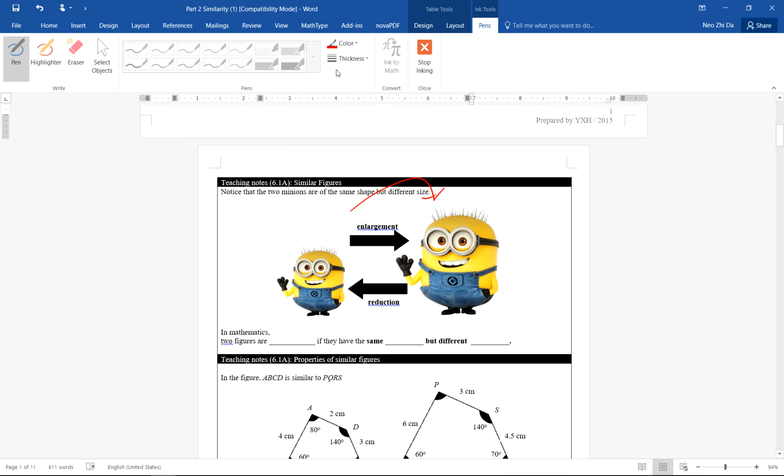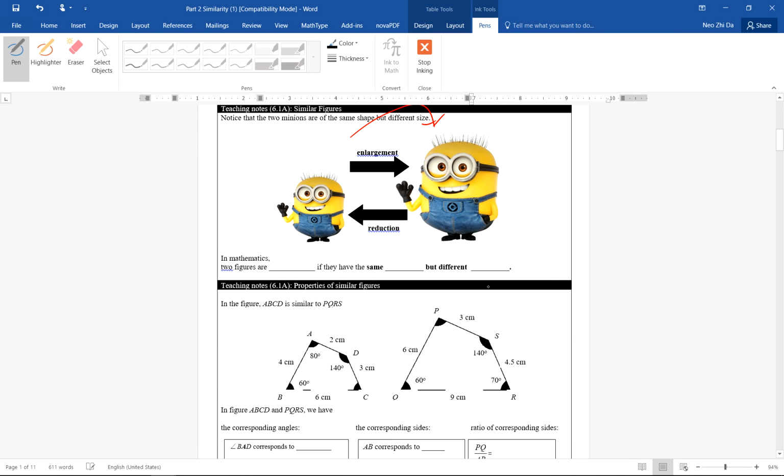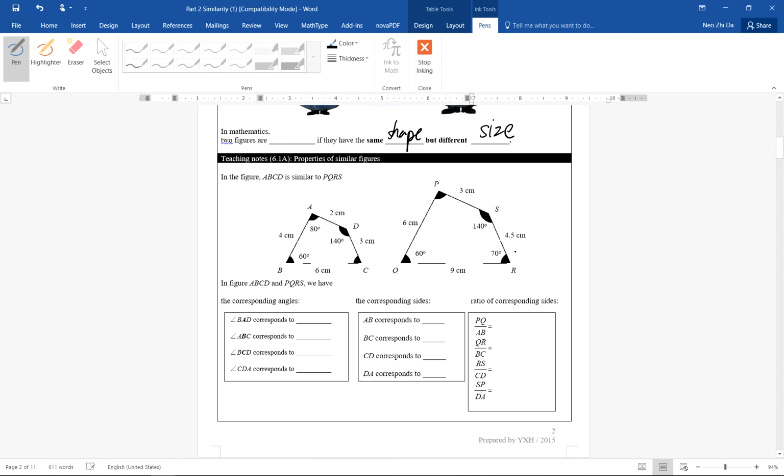During this process, they still retain their shape, but it's a different size. You have to take note that for similar figures, the angles are all the same. If this is 80, this must be 80. 140, 140. Let's say this is 70, this one is also 70.